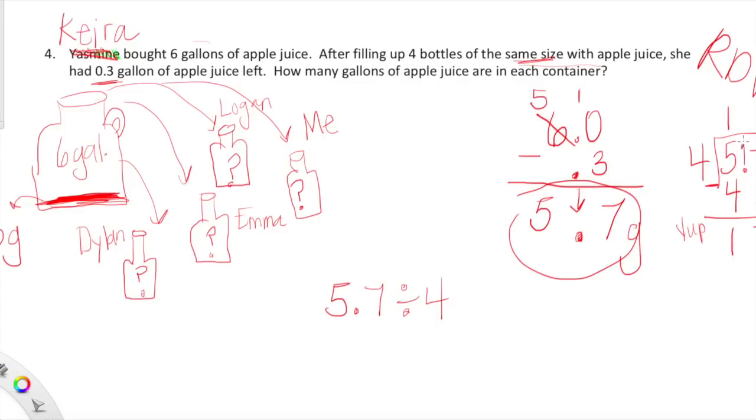Make sure we bring that decimal point straight up. Now we're looking at 17. If 17 tenths is being spread evenly across 4 groups, how many tenths will we have in each group with some left over? We will have 4. 4 times 4 is 16. 17 minus 16 is 1.